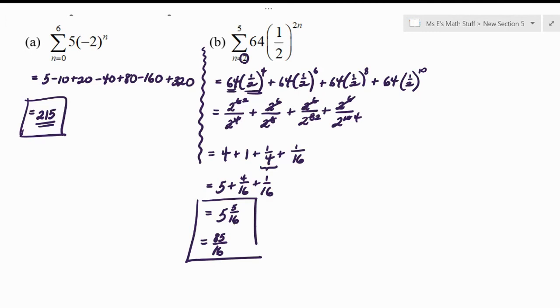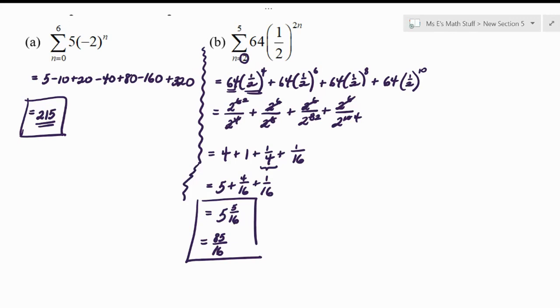But now let's talk about a formula that you could use in a situation like this. Before you use the formula, you would need to know exactly what to use it for, because you don't want to use it on the wrong thing. So it's going to be a formula for situations like this, where you have a finite number of terms.